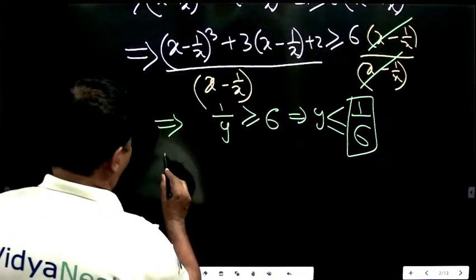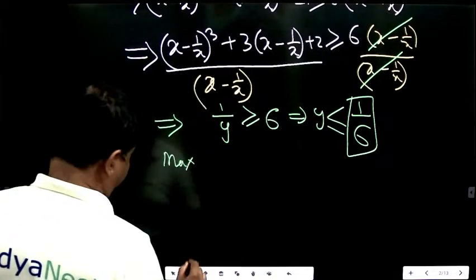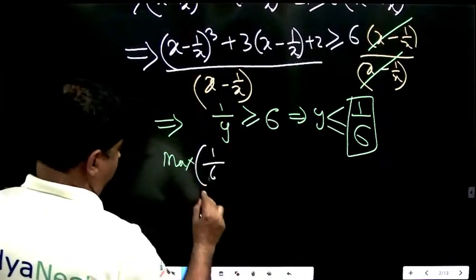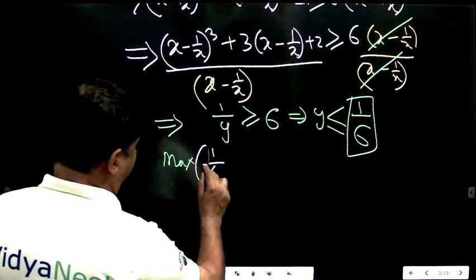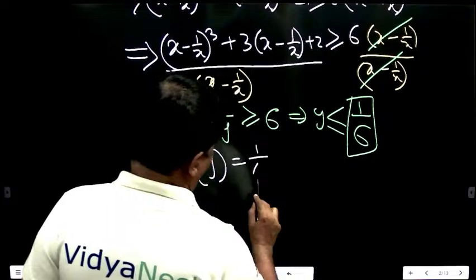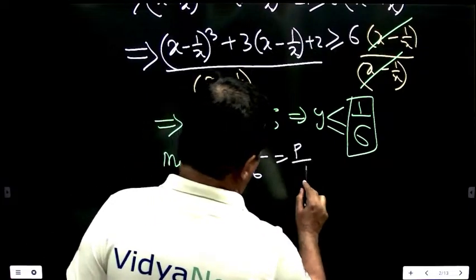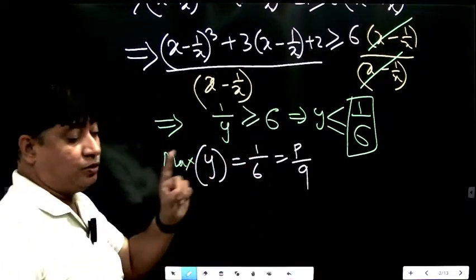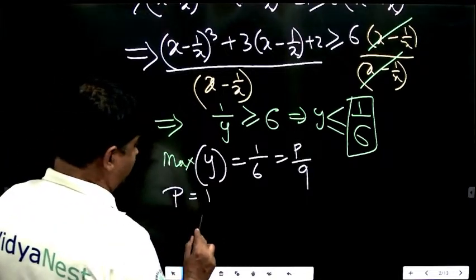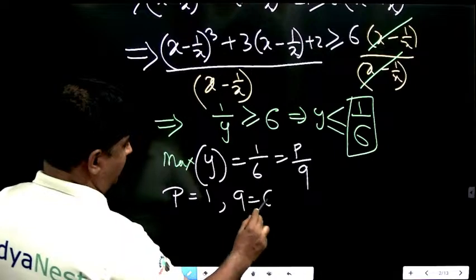So max of y is 1 by 6. In the question, it is given p and q are prime to each other, relatively prime. So p must be 1, q must be 6.